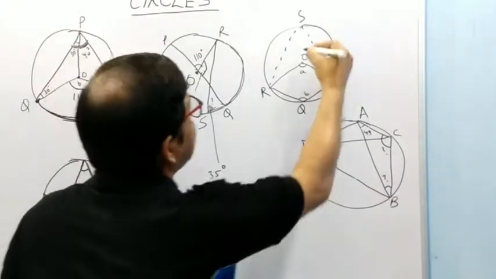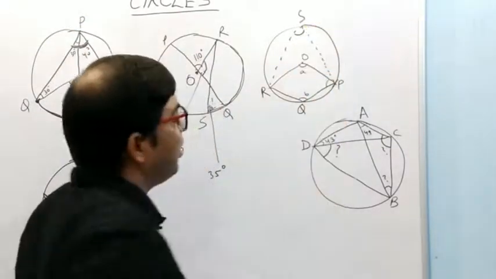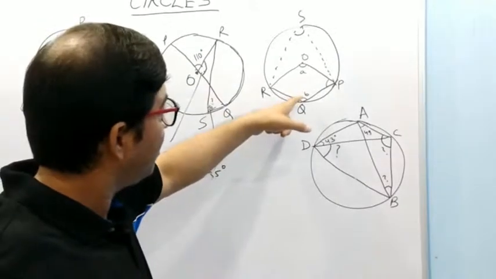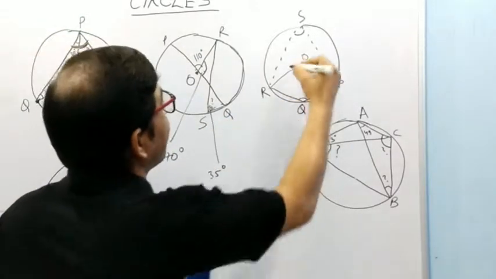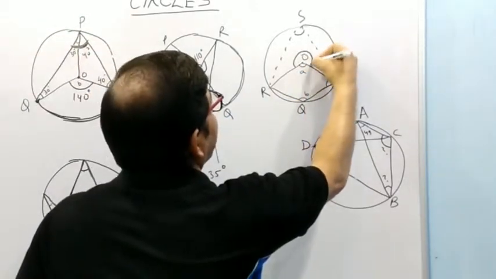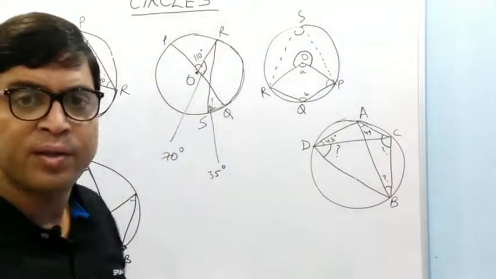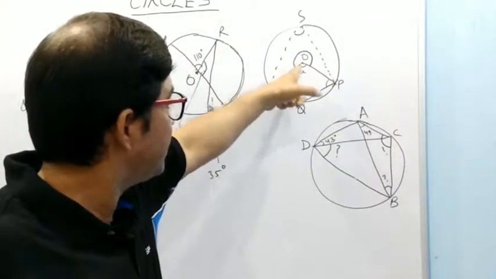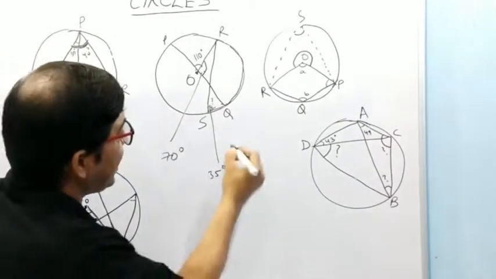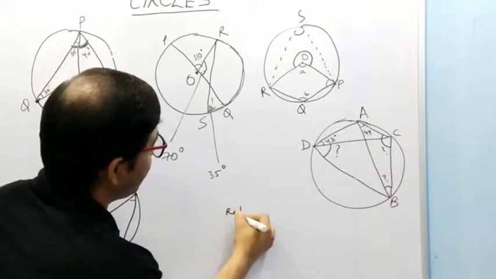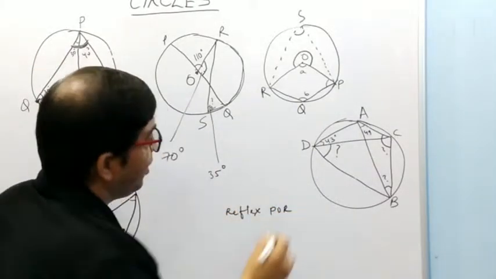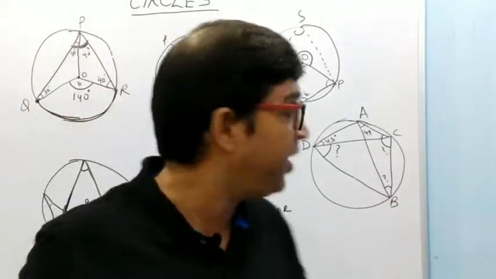So we can get this angle, and this angle we can get, this is the reflex angle, 360 degree minus A. So we can just find reflex POR. Reflex means more than 180 degree.